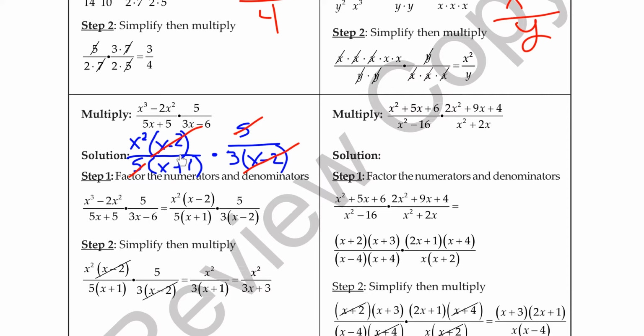Can't cancel pieces of a binomial. You can only cancel the binomial with another identical binomial. So it looks like we have an x squared left in the numerator, and a 3 times an x plus 1 in the denominator.